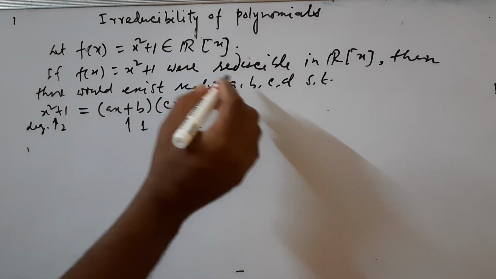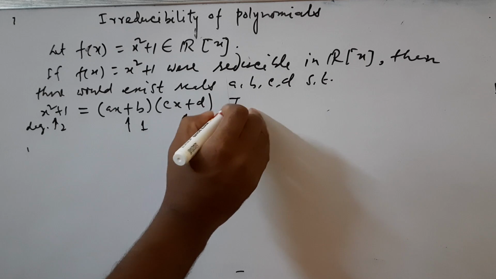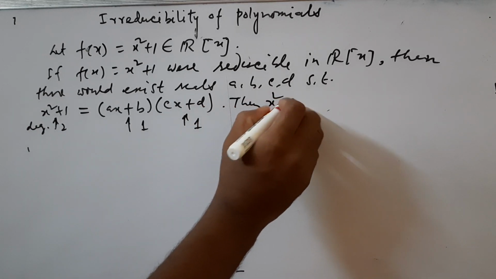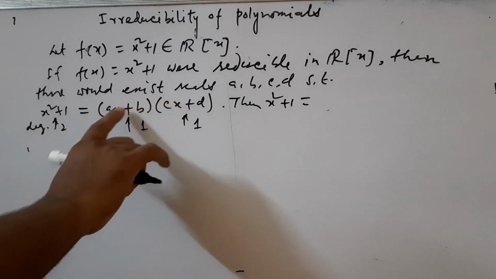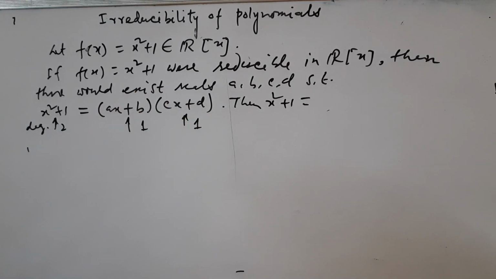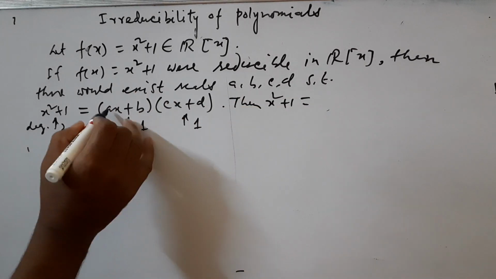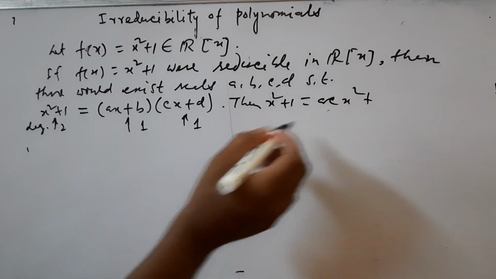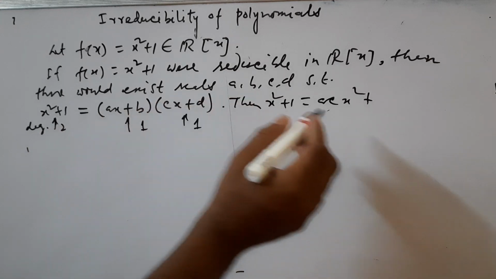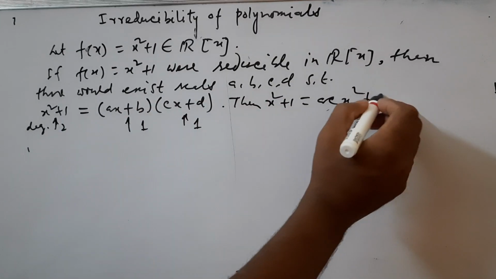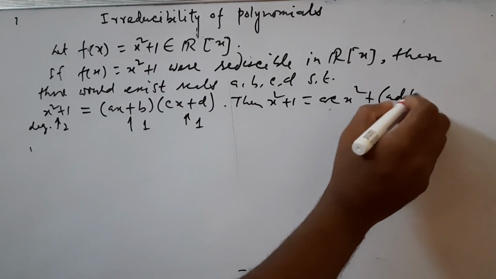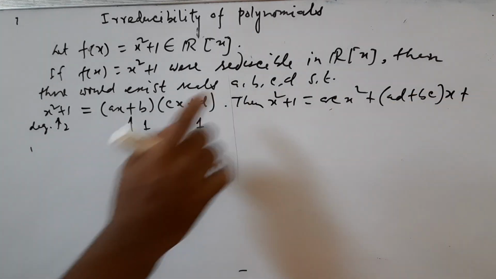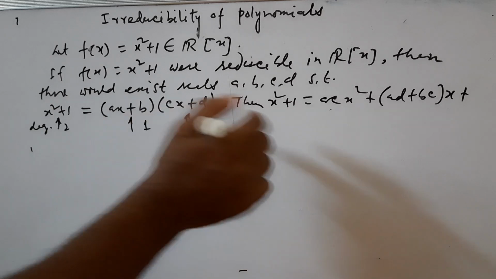Now from this we have x square plus 1 equal to, if we multiply these two polynomials, acx square plus adx and bcx, so we get (ad plus bc)x, and plus the constant term will be bd.